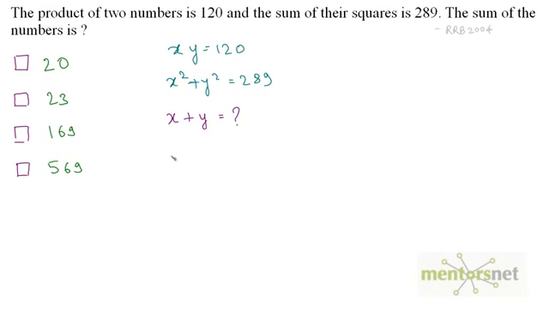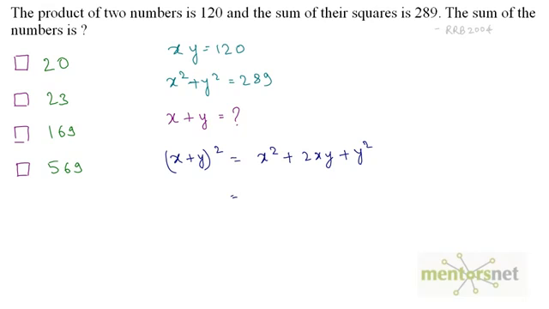Well, we know the formula x plus y whole square is equal to x square plus 2xy plus y square. We know the value of x square plus y square, and we also know the value of xy. So we can put it in this equation and then take the under root of it.